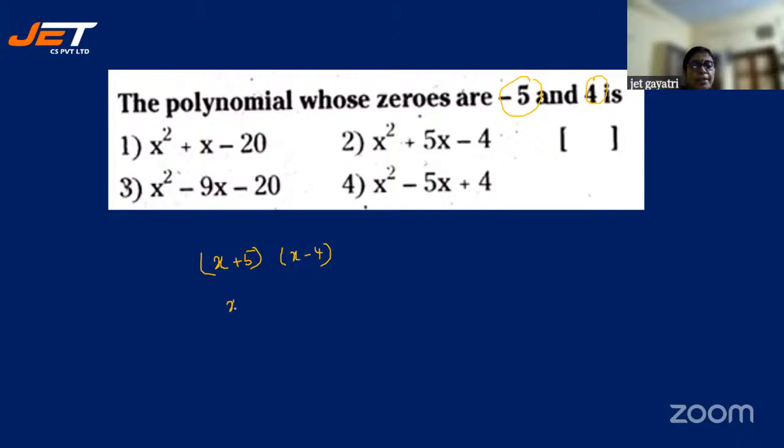Right? So you get x square minus 4x plus 5x minus 20. X square plus x minus 20. That is how you are getting your option 1 as the correct answer. Alright, students.